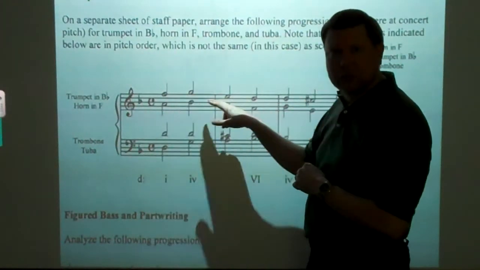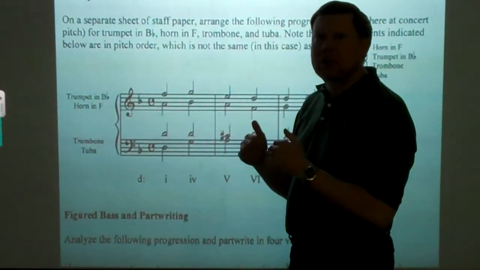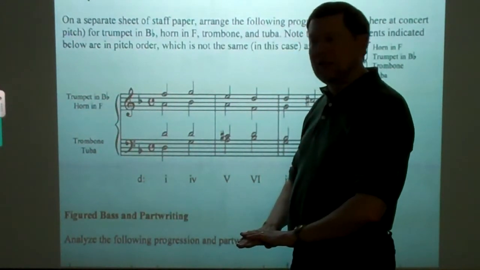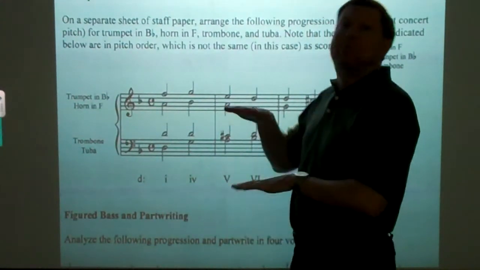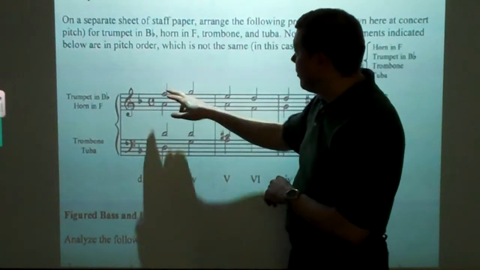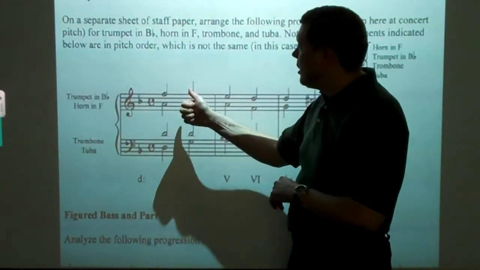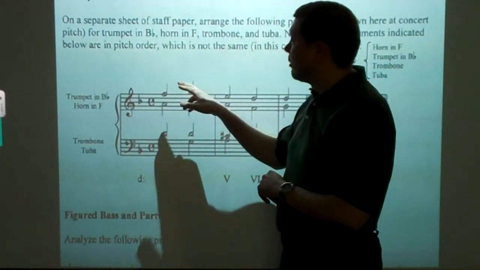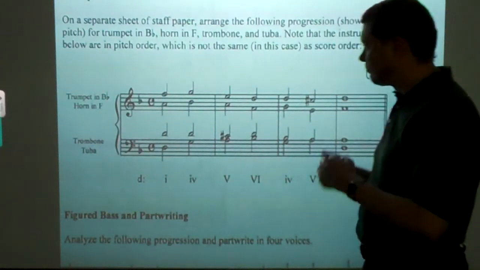But this is actual sound. So how should we then write the correct notes for a trumpet in B flat? If it sounds a major second lower than written, then we need to write the notes and the key up a major second. In other words, we need to take all these notes and the key and go up a whole step, or up a major second, to write the correct pitches for the transposing trumpet in B flat.